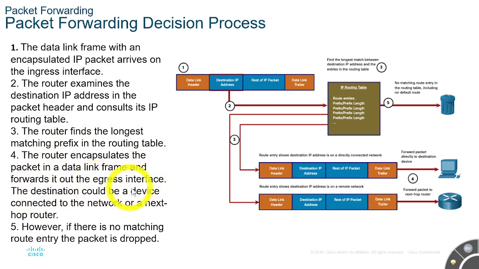The destination could be a device connected to the network, meaning a directly connected network, or a next hop router, as here.